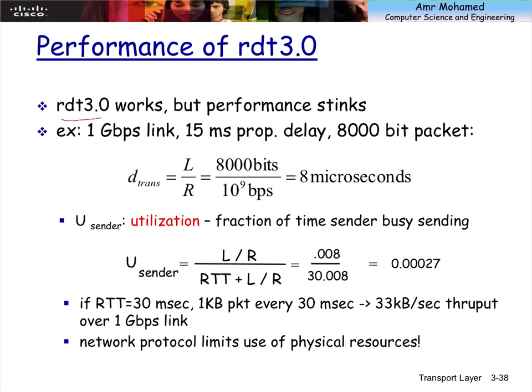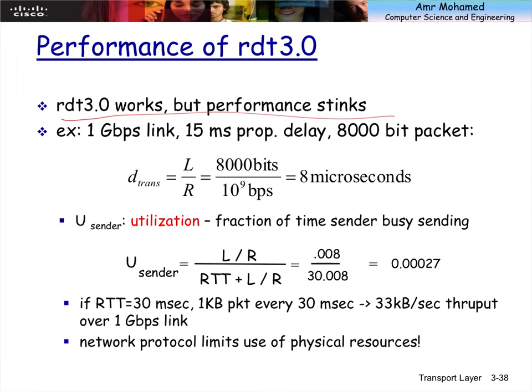So definitely the protocol is 100% reliable and it accommodates all practical errors of the channel, including packet corruption and packet loss. All of this is good. It works. But let's analyze the performance. The performance itself is not really good.